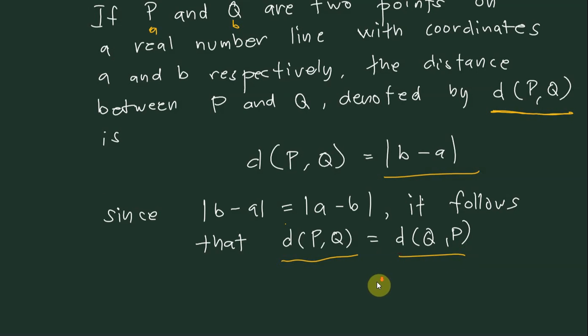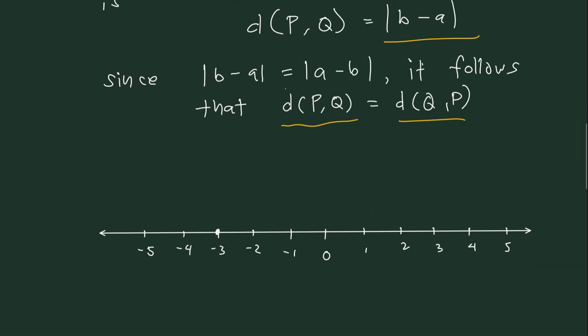Let's demonstrate that here. Let's say we have 2 points right here. This is our P, negative 3, and our Q is 5. If we use this definition, the distance of P to Q is equal to the absolute value of B minus A. What's the B here?